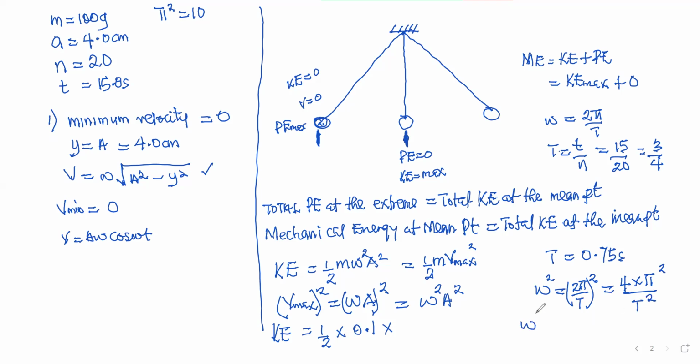Therefore, omega squared would be equal to 4 times... Note that we're told let's take pi squared to be 10. So 4 times 10 divided by 0.75 squared. Please calculate that for me.